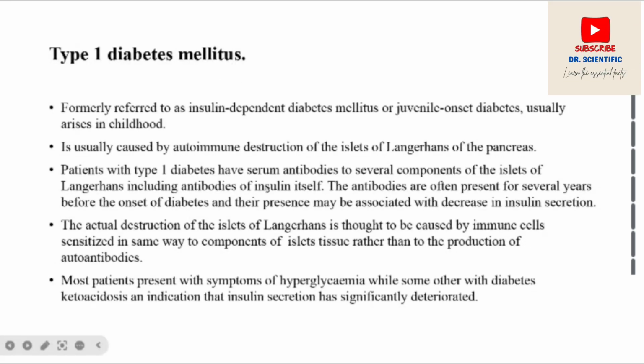Now, allow me to look at the pathogenesis. What leads to the origin of type 1 diabetes mellitus? In this condition you just become susceptible, where you have a genetic predisposition or susceptibility.